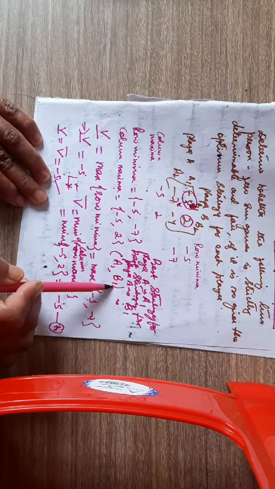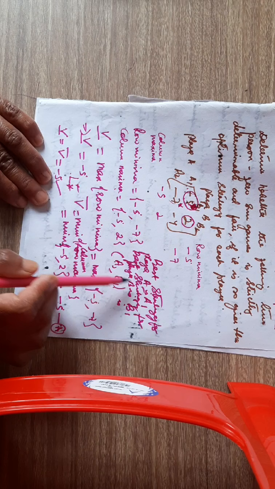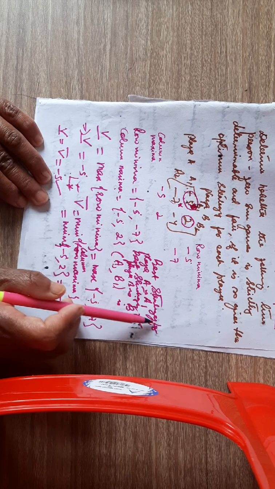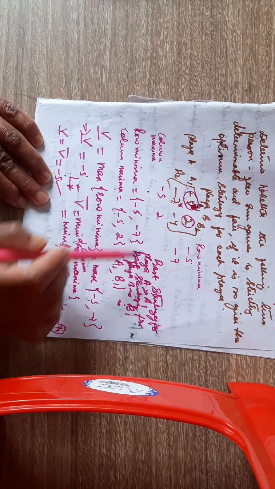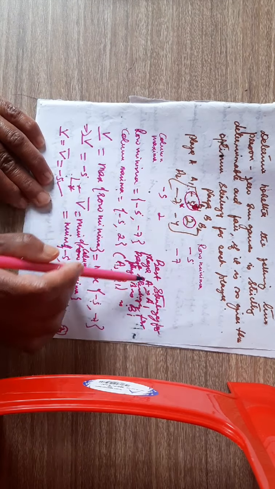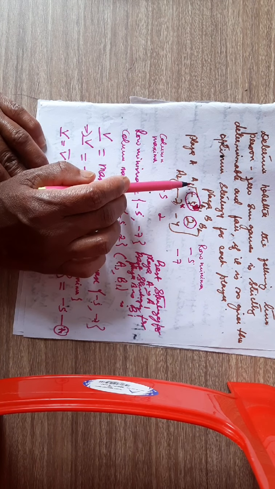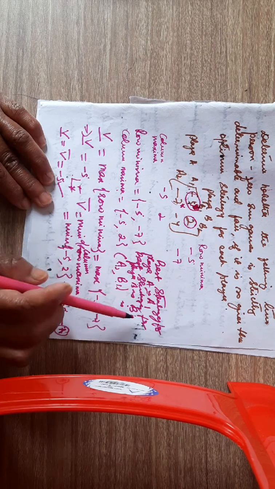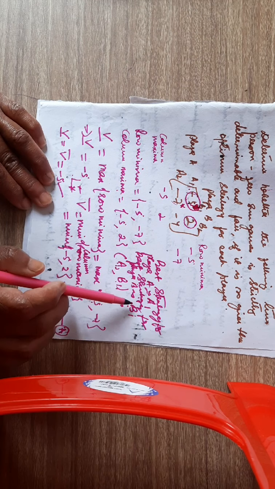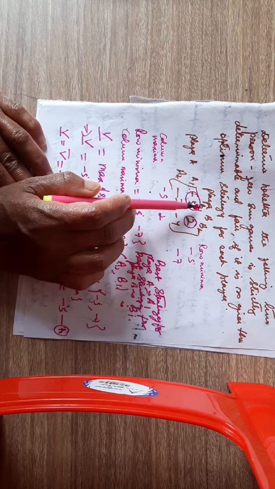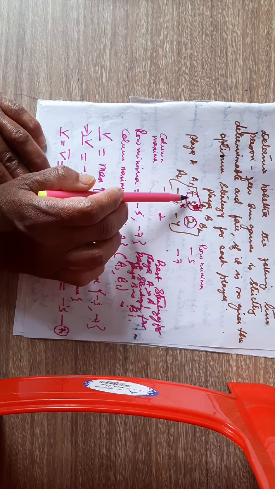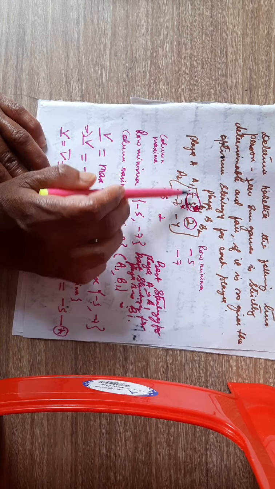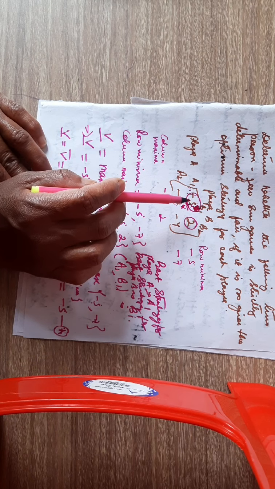A1 B1 means that the best strategy for player A will be A1 and the best strategy for player B will be B1, because if player A applies strategy A1, he will get the maximum gain, and for player B, if he plays strategy B1, it will give the minimum loss.